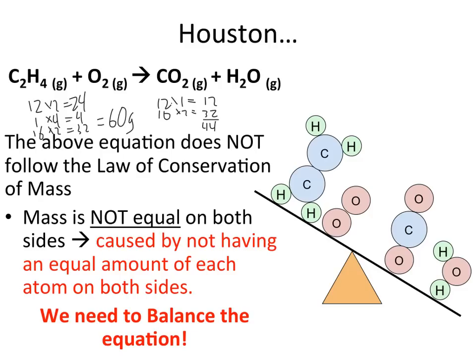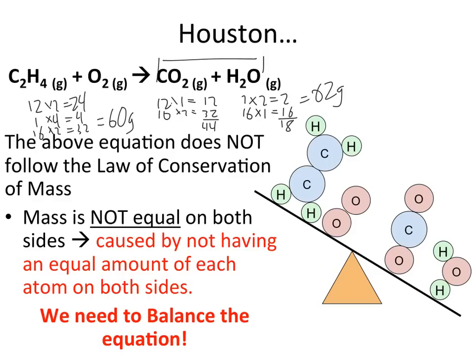So here we have 1 times 2 gives us 2, and we have 16 times 1, and that gives us 16. So we have 18. So now what we have is 44 plus 18 because we're looking at the total mass on this right side over here. So we have 62 grams. So we've gone from 60 to 62 grams.